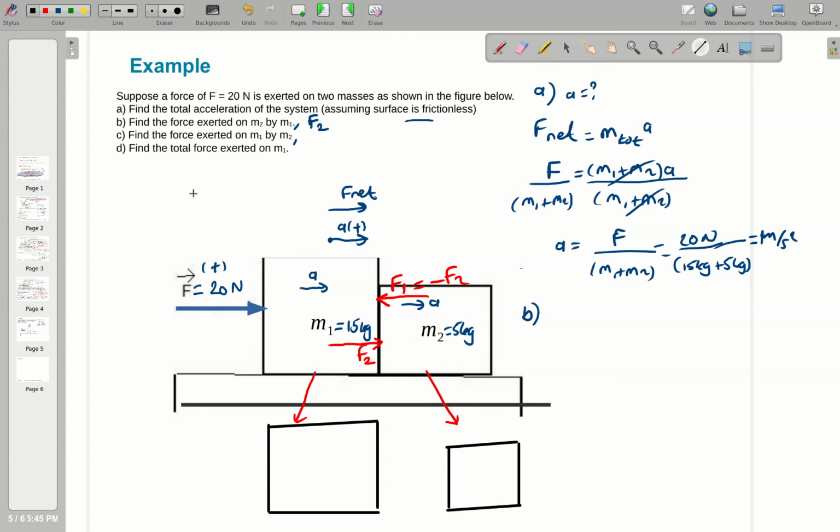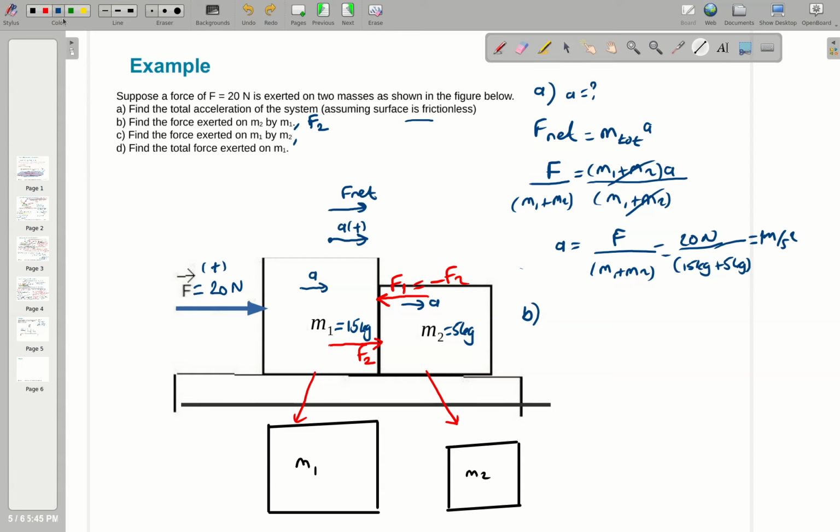So this is my m1 and this is my m2. And if I look at the forces, whatever force is touching my mass is pushing it. So F is only pushing on mass 1. Oops, I'm going to use blue here.